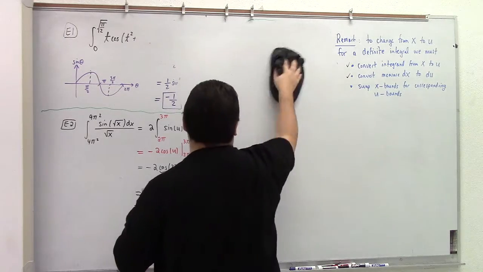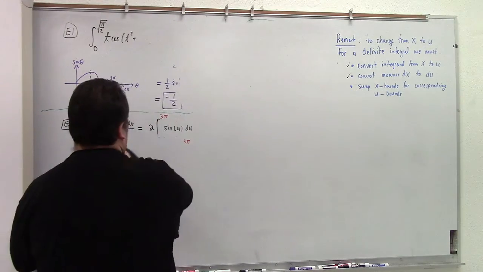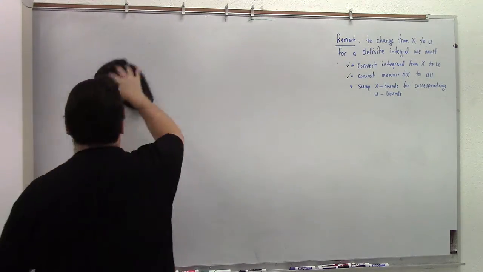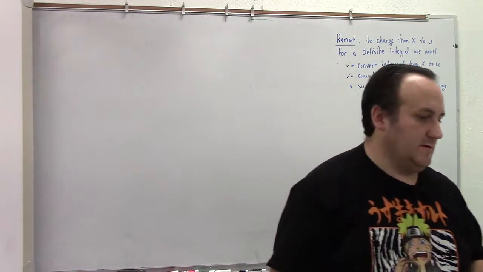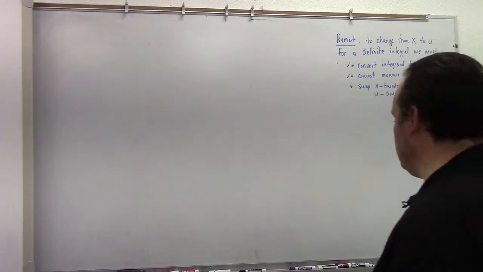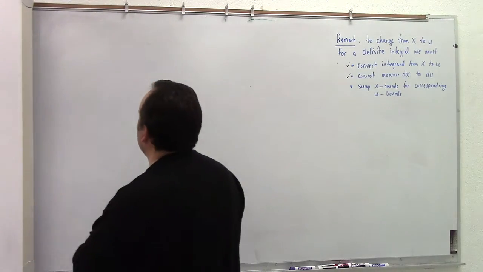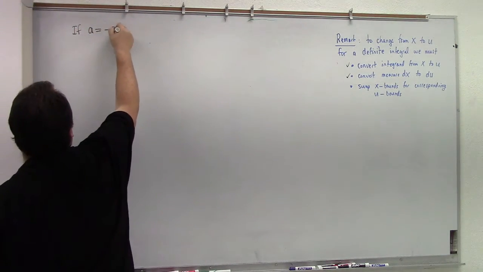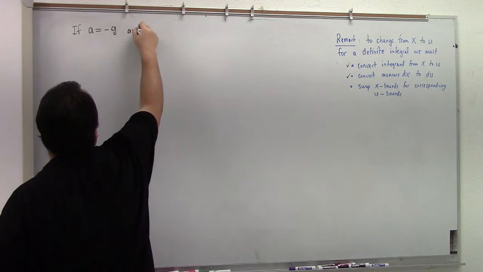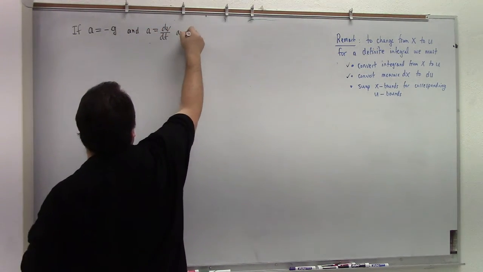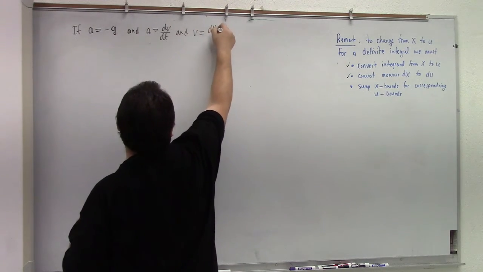So let me do a symbolic one here. This is a little bit different, but I think it's a good use of our time. It won't take long. So I've derived kinematics formulas for you before, right? Like if the acceleration is equal to minus g, and a is equal to dv dt, and v is equal to dy dt.